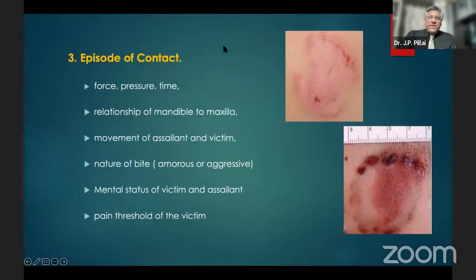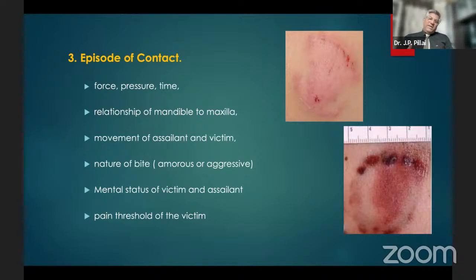And you see here, the episode of contact will give all these considerations: the force, the pressure, the time, and also the relationship of the mandible and the maxilla of the biter, and the movement of the assailant and the victim. Sometimes there will be resistance from the victim when a person is biting, so that will create some amount of drag marks on the skin.